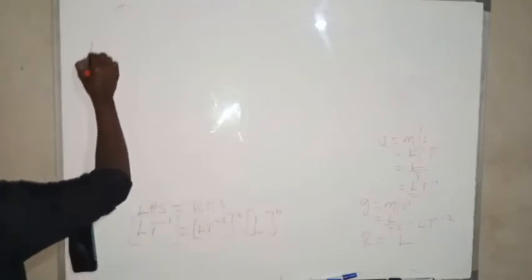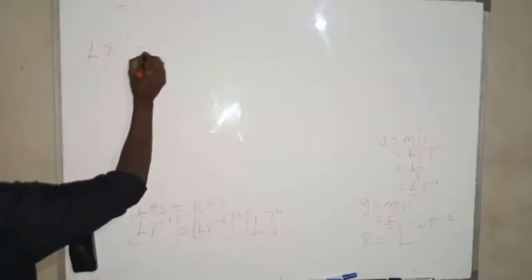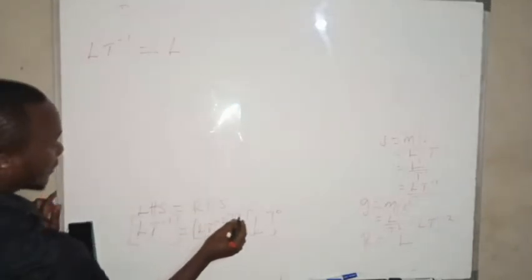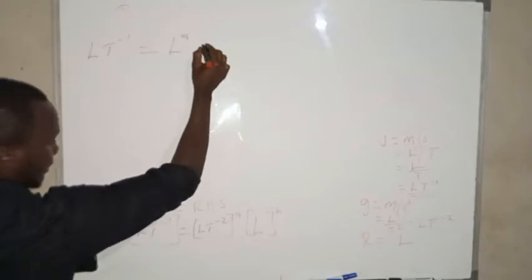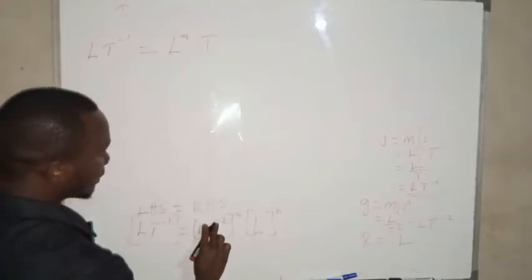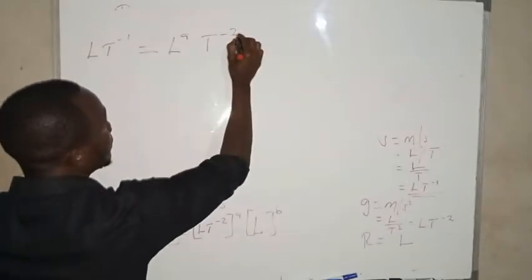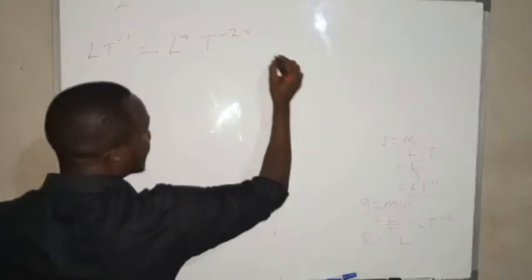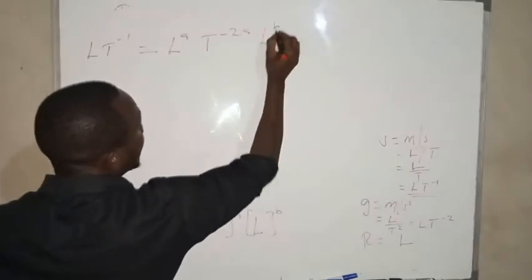On the left hand side we have L T negative 1. This must give us L to the power A, then T to the power negative 2 times A, so negative 2A, and then we have L to the power B.